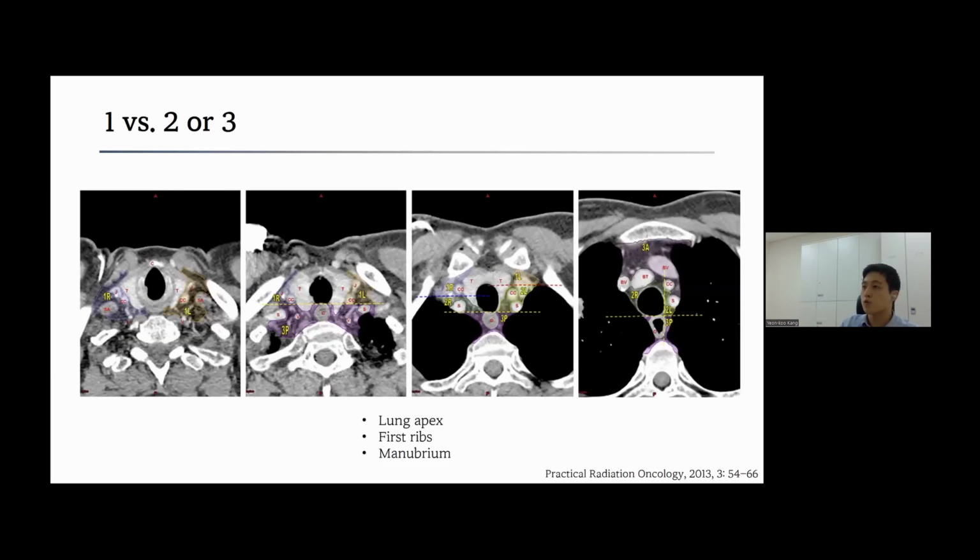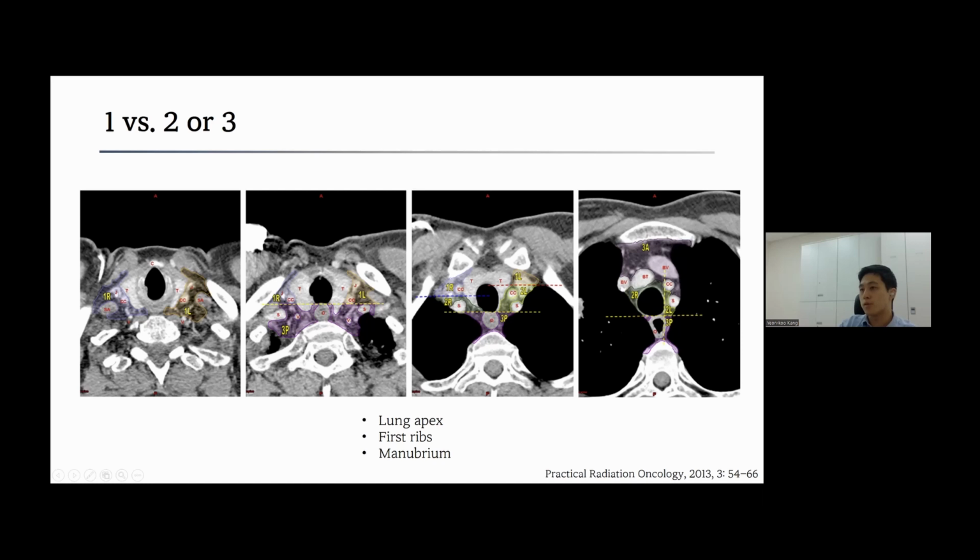Now going back to the IASLC map, the superior margin of the station 2, 3A, and 3P is defined as the top of the lungs. Thoracic inlet has an oblique plane and the lung apex level is more superior at the posterior side. So the station 3P appears earlier at the higher level and station 2 for the next, and station 3A comes last.